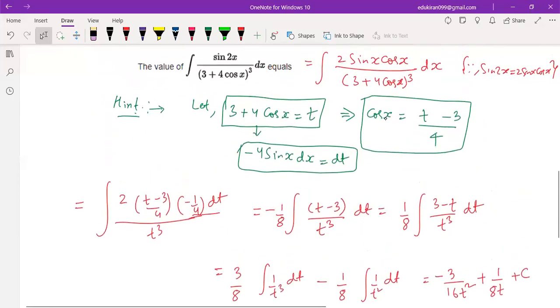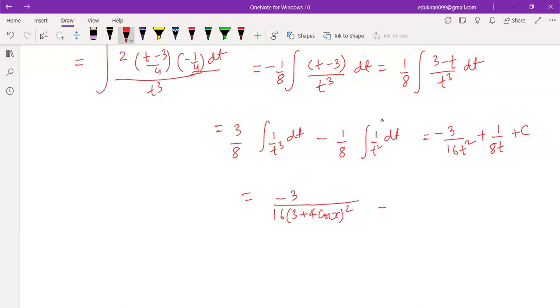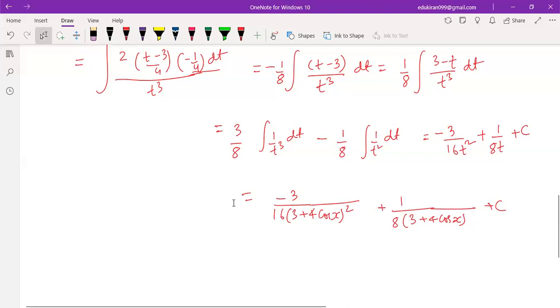And we have t as 3 plus 4 cos x. So this will be minus 3 by 16, 3 plus 4 cos x whole square plus 1 by 8, 3 plus 4 cos x plus c. So this is what you will get here.